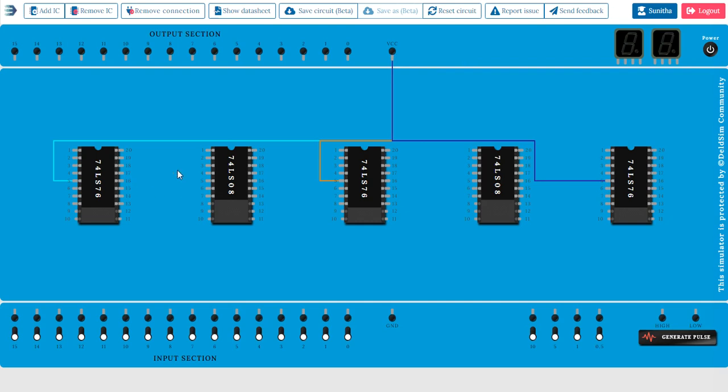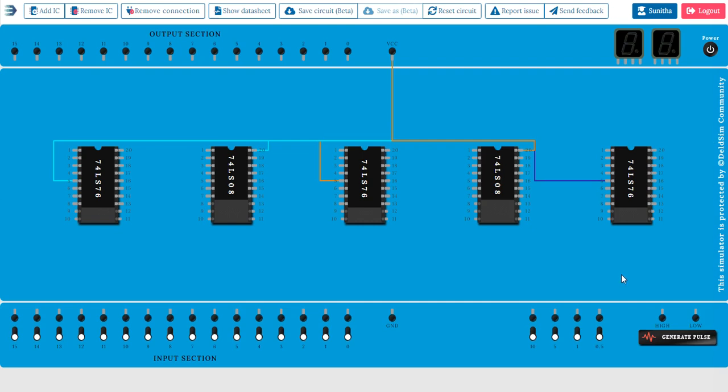Now I am moving to the AND gate. For the AND gate the 14th pin is your VCC. Since you have used two AND gates, you have to make the connection separately for each. Now we can see that for all the ICs we have established VCC connectivity.